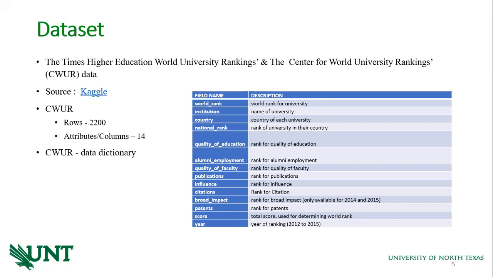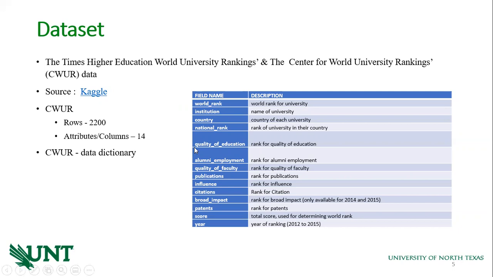Then the quality of education, alumni employment, quality of faculty, publications, influence, citations, broad impact, patents, and the score. This is the overall score, and based on this score, this ranking system provided the rank for that university in the year. This data set has data for 2012 to 2015, so almost 4 years.